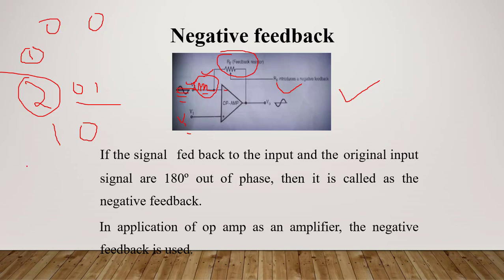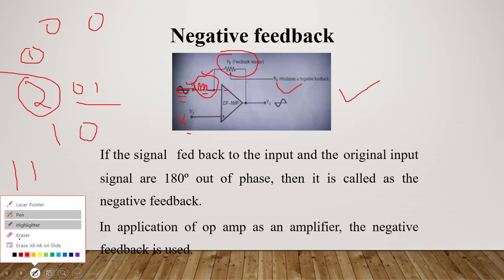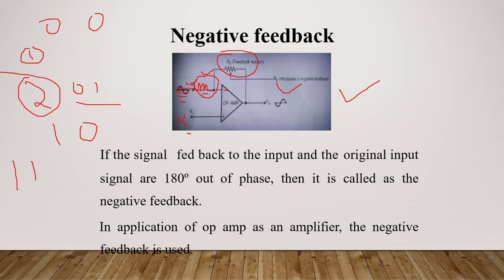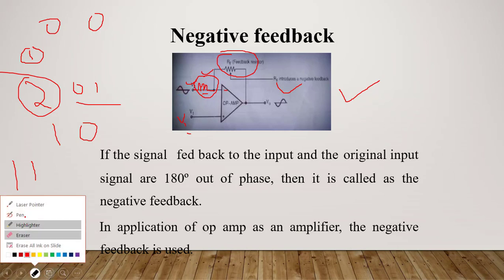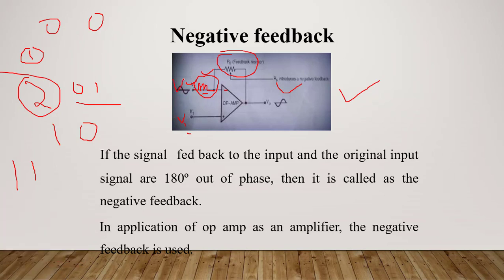And the last one is 1 1. What does 1 1 mean? These two resistances remain the same. Don't change them, only instead of grounding you have to give V1 and V2. This is the circuit diagram for the differential amplifier. I hope you are getting all four types of circuits. Always remember this portion of the circuit remains the same.